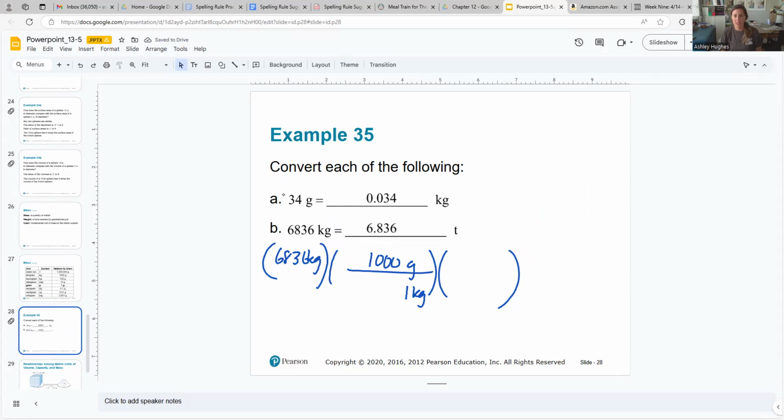In 1 ton, there's 1,000,000 grams. Now again, I'm putting kilograms here, I want to cancel, and the grams cancel diagonally. So I can simplify, there's 3 zeros here, I can knock off 3 zeros here. So basically we're taking this and dividing it by 1,000. Or you can think about that as taking this decimal and moving it over 1, 2, 3. That's why we get this as our answer.